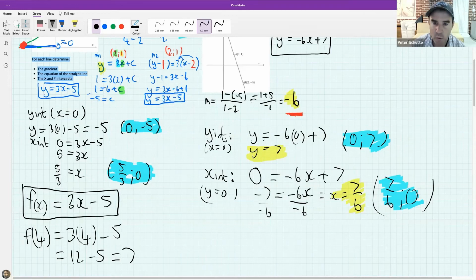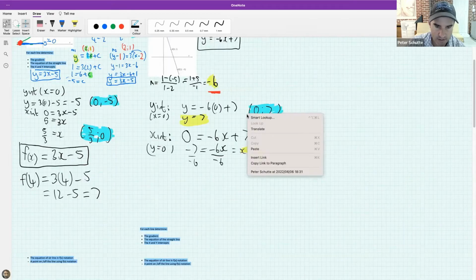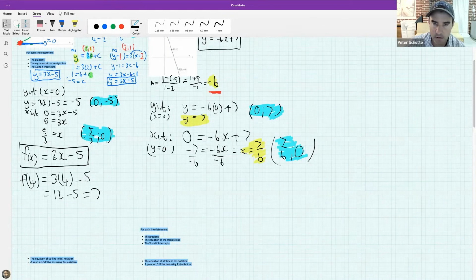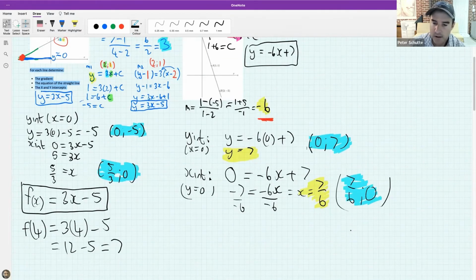Okay, now what I want is I want you to write, apologies for all the zooming in and zooming out, the straight line equation y equals minus 6x plus 7 in f of x notation.